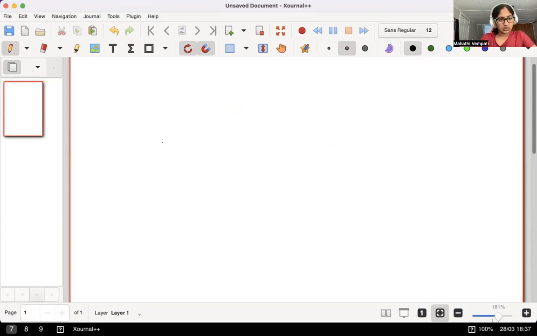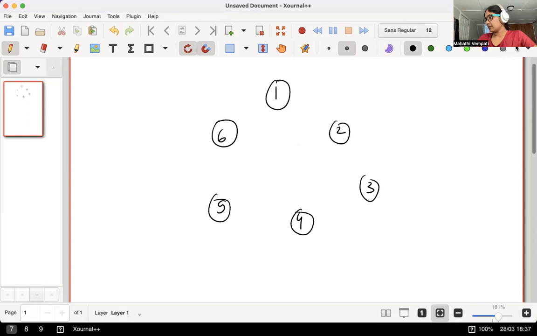Oh, those are their initial positions. That's the population. Okay, so there are 6 nodes: 1, 2, 3, 4, 5, 6. This is the population at each node.